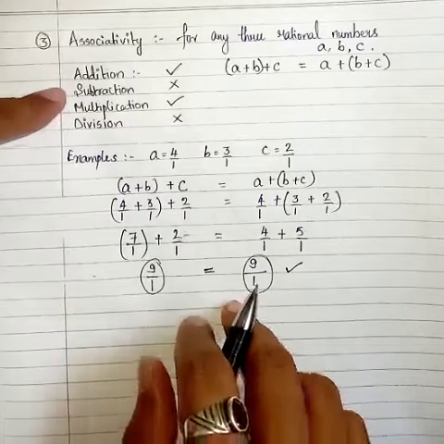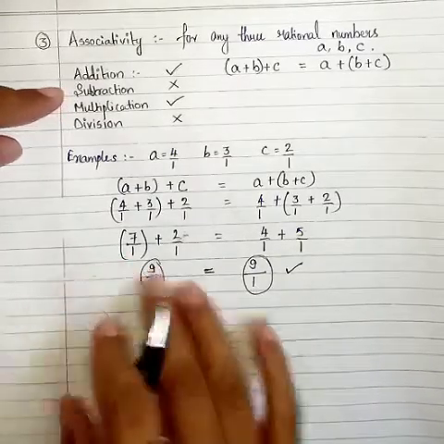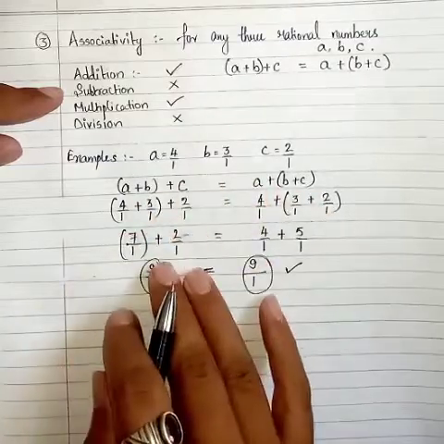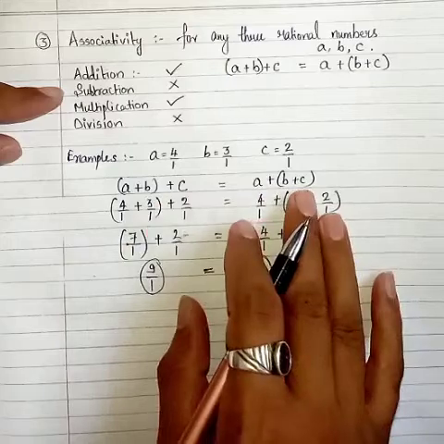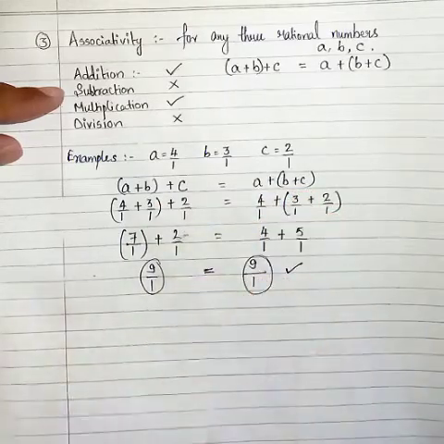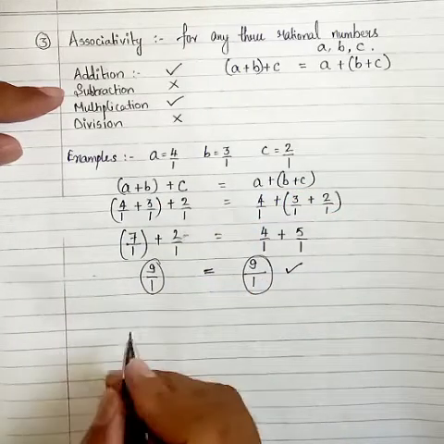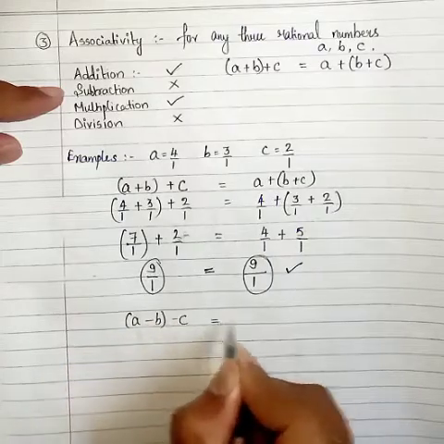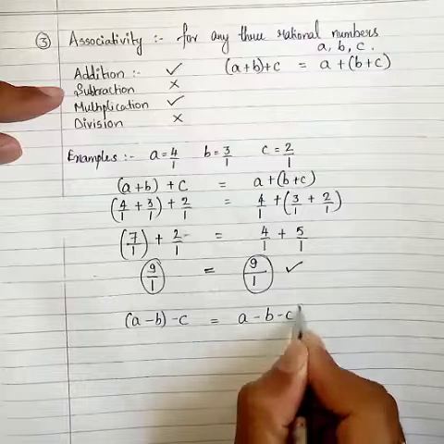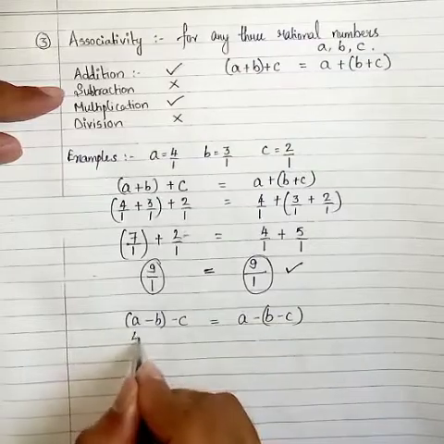Now next one, subtraction, we need to check. In the same way, if I subtract the numbers in this order, I need to find out whether subtraction is associative or not. So (a minus b) minus c, and a minus (b minus c), and I will write the numbers.